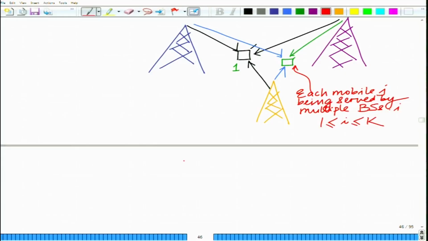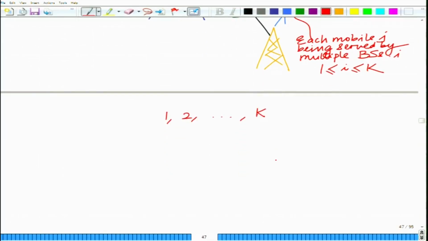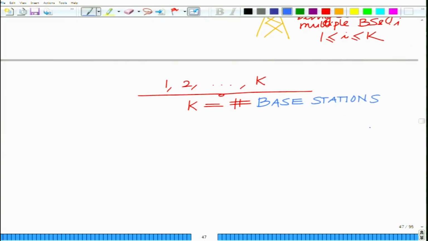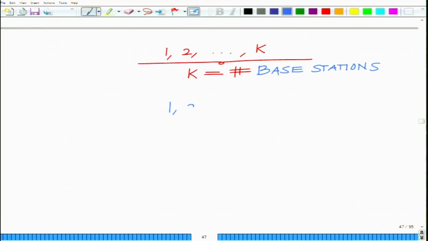So, we have base stations 1, 2 up to k, base station 1, base station 2. So, k equals the number of base stations. And we have m total users, that is 1, 2 up to m, these are the number of users.